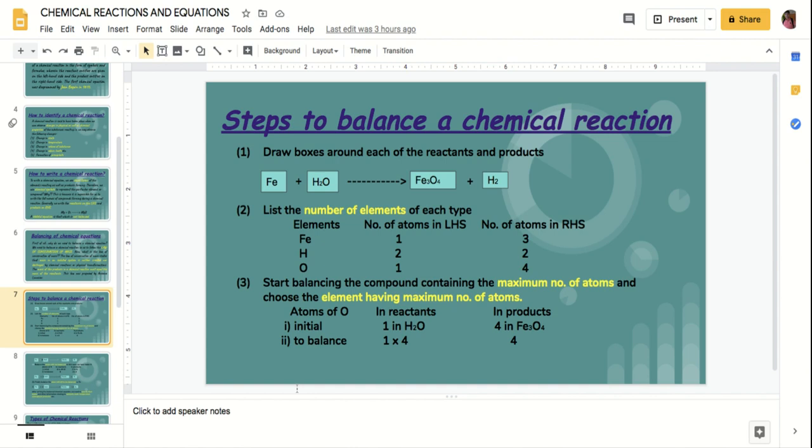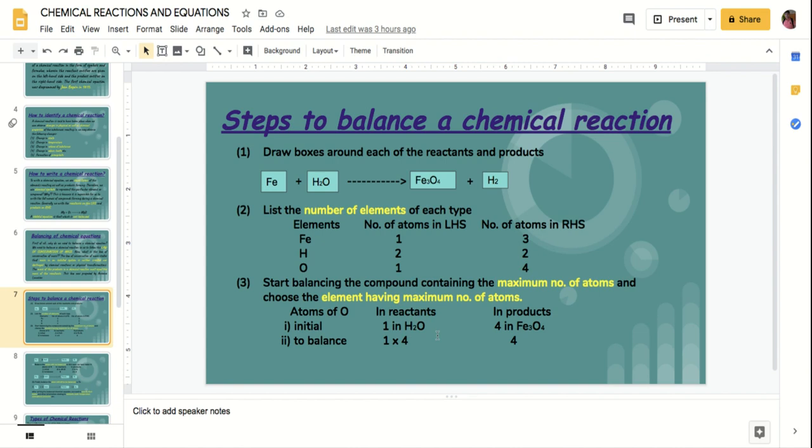See, it will be much easier for us to balance the compound containing the maximum number of atoms, because once we take the largest compound into consideration, we don't have to consider the small elements like Fe and H2. If the compound that has the maximum number of atoms is balanced, then consequently we can balance all the other elements or products that remain.